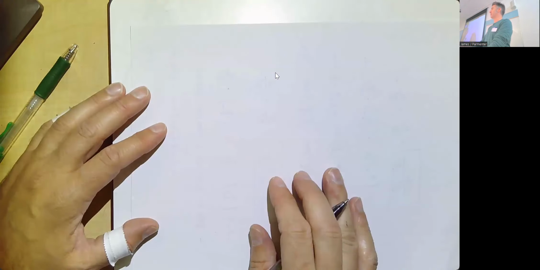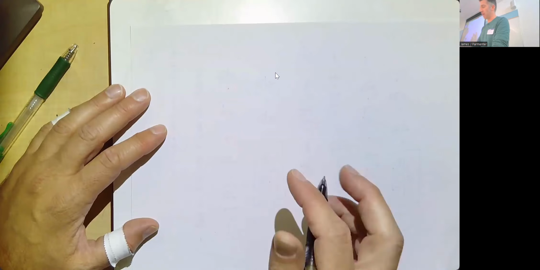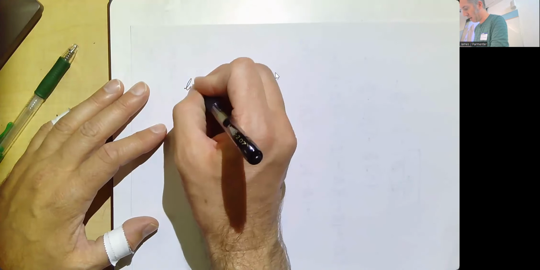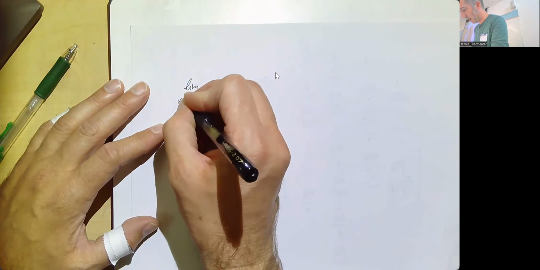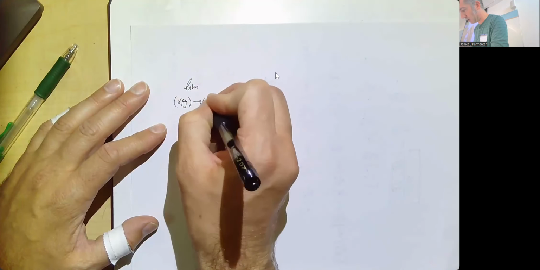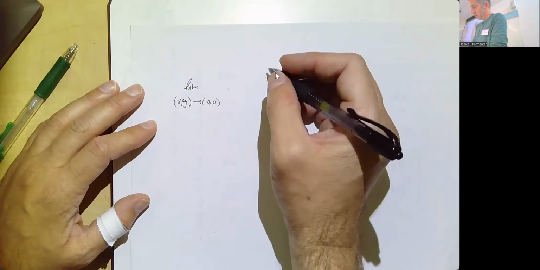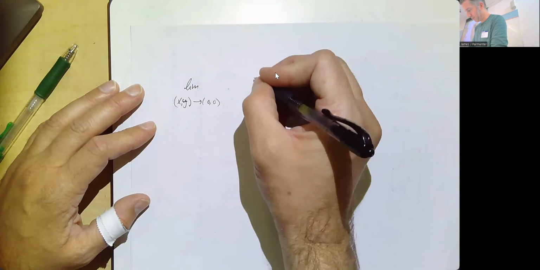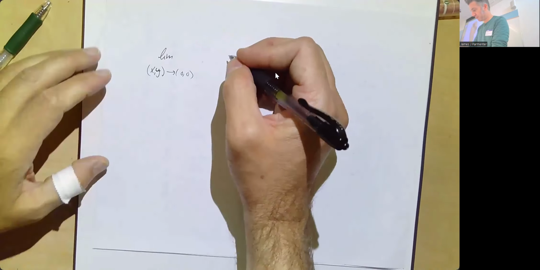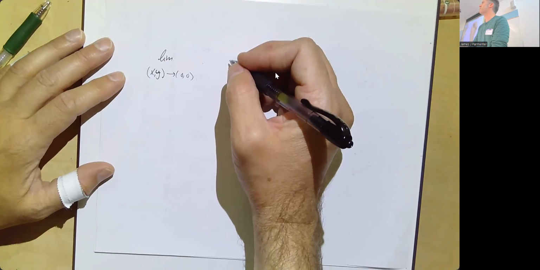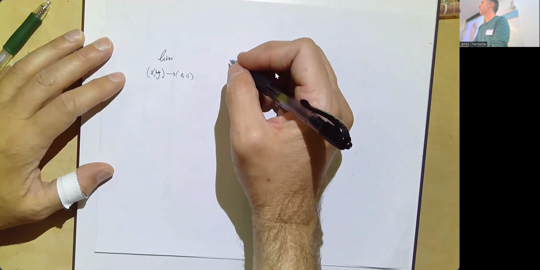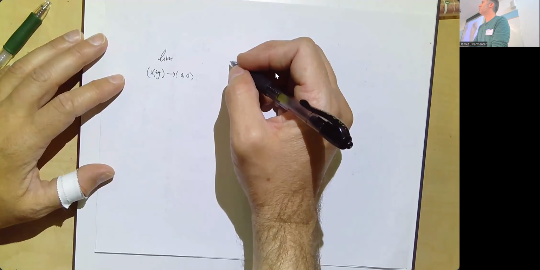Let me make sure I make up something here. Let me think for a second. Let's say we have the limit as x, y approaches 0, 0. Let me be careful here. Sure, let's try. Excuse me, let me think for a second. Sorry, one sec. That should be fine.